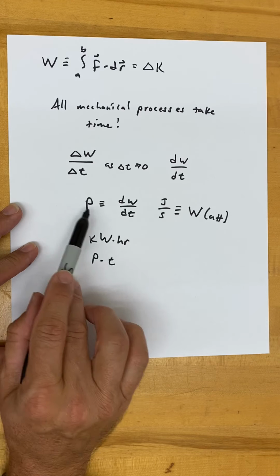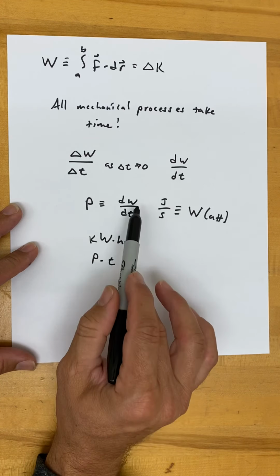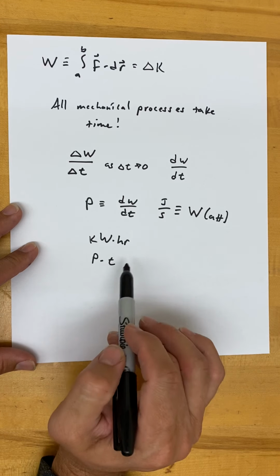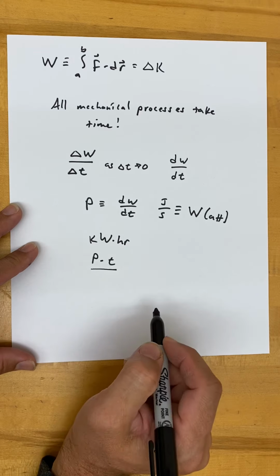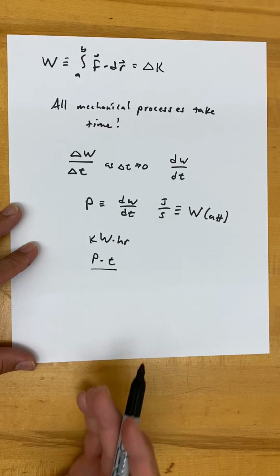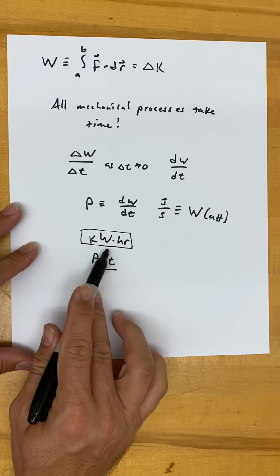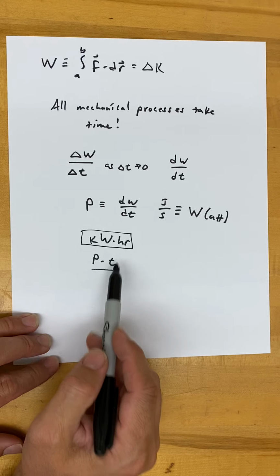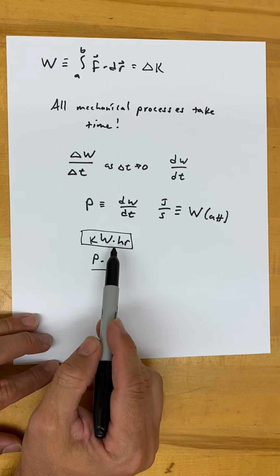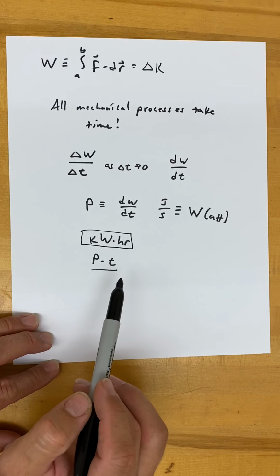Well, if power is work per unit time, if I multiply power times time, I get back work, or in this case, I'm going to get back energy. So you're literally paying the electrical company for the energy. They just give it to you in these kind of strange units. Kilowatt hour is a unit of energy. It's kind of weird. You can get a joule out of it if you run the conversions, but that's what that is. It's a unit of energy. It comes out of this idea of power.